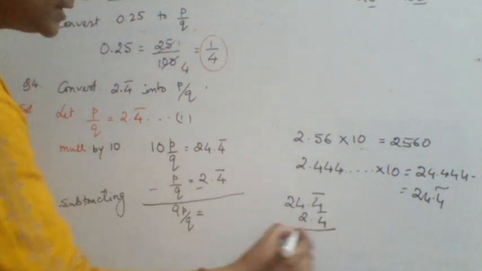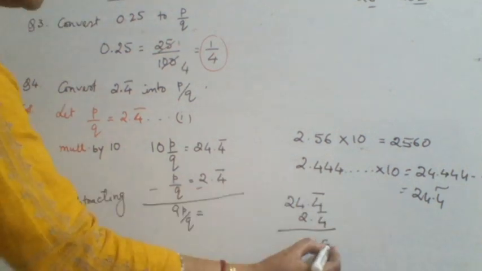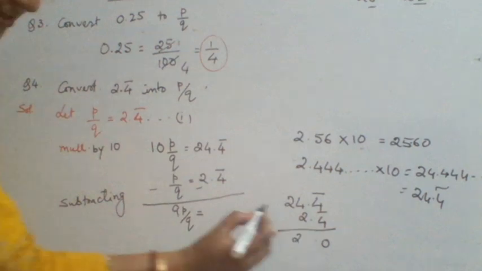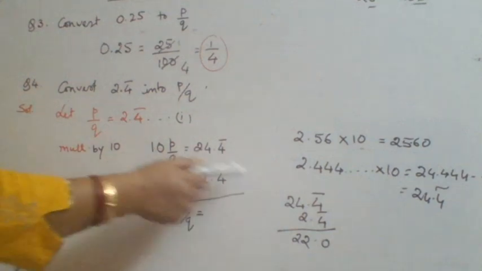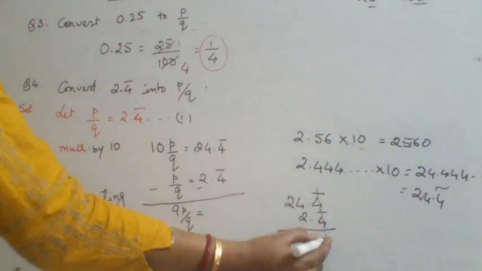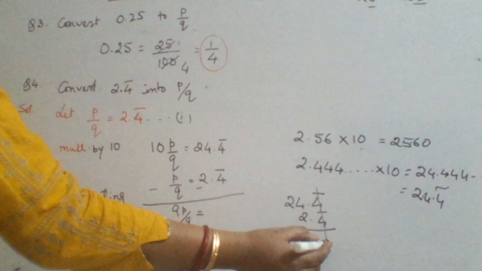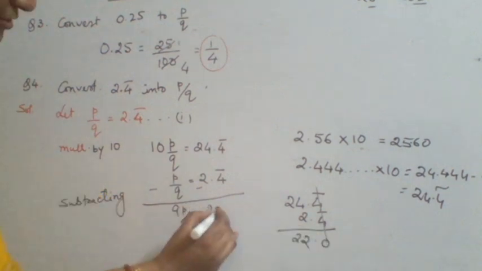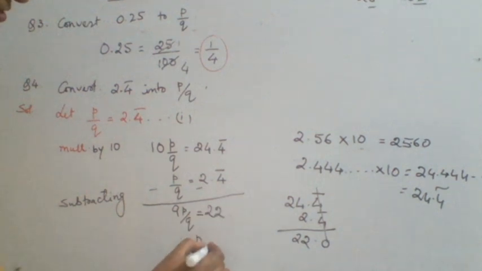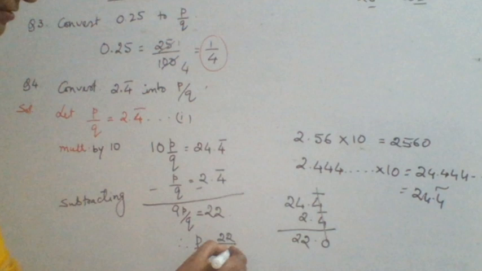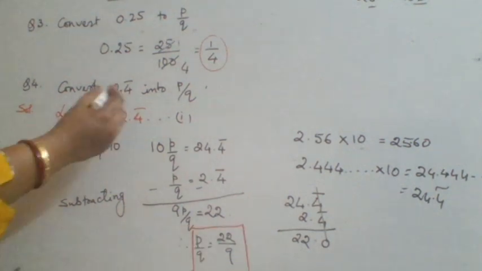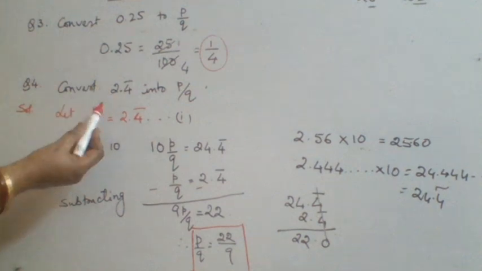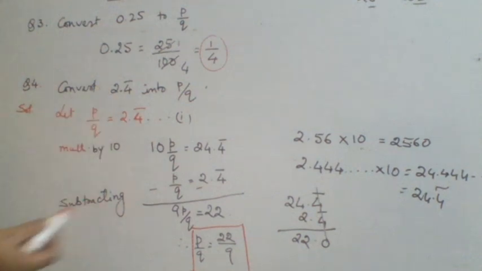See, the 4 bar gets cancelled altogether. You get 0, and this is 24 minus 2, that is 22. Therefore, p by q is equal to 22 by 9. This is the decimal representation of 2.4 bar, a non-terminating repeating decimal, and see how you have converted it into the p by q form.